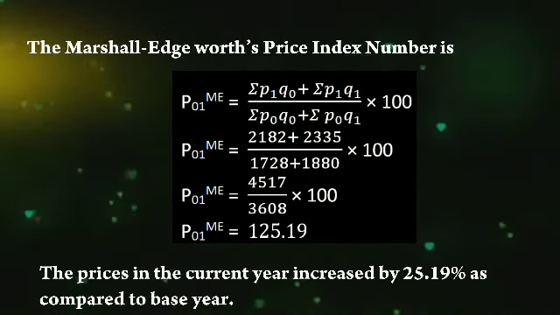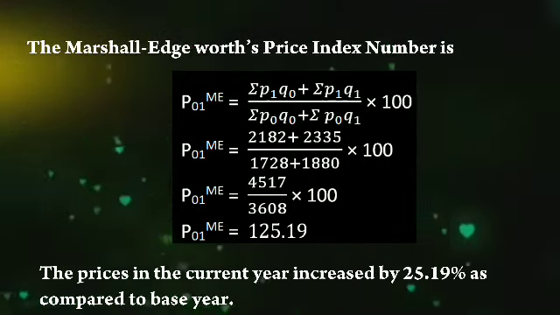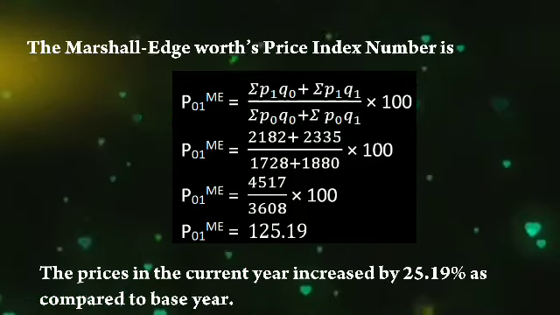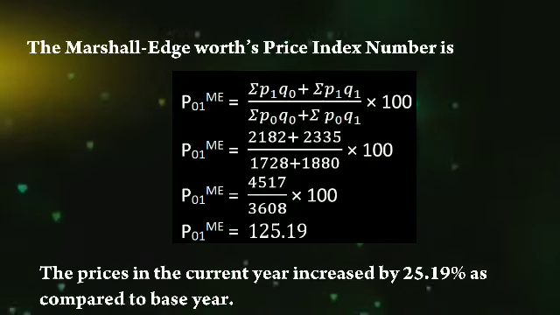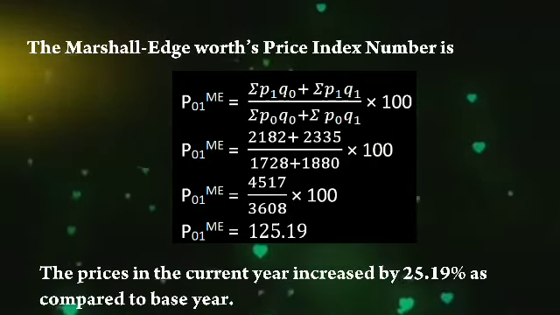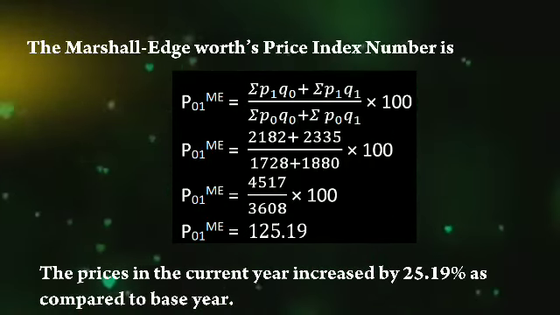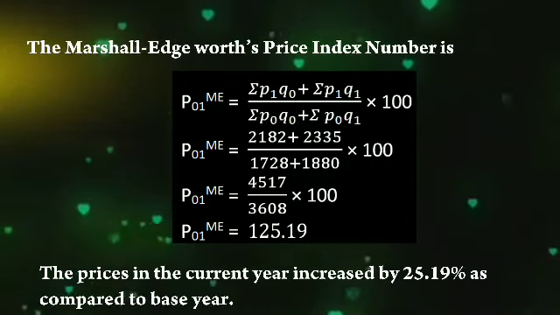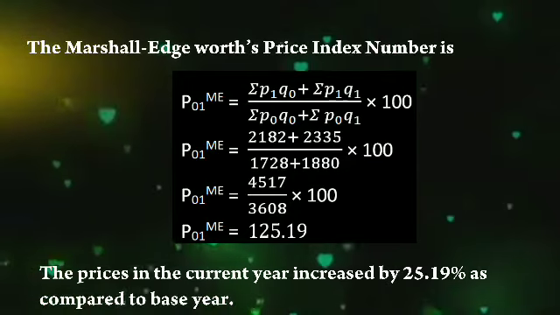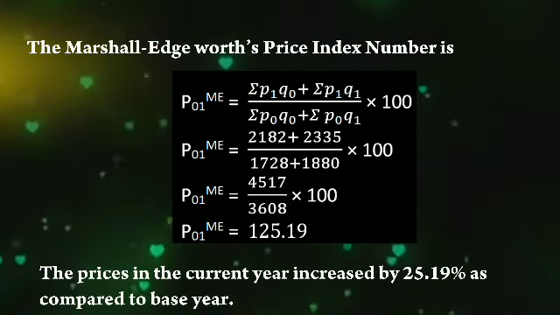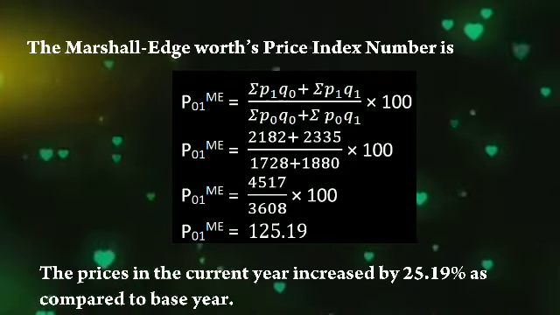That is equal to 4517 divided by 3608, and multiply the formula by 100, and the obtained Marshall-Edgeworth's price index number is 125.19. Therefore, the prices in the current year increased by 25.19% as compared to the base year.